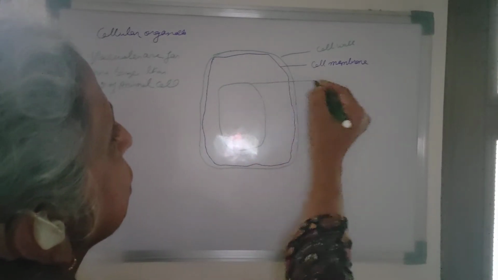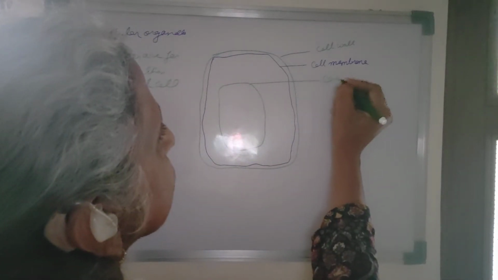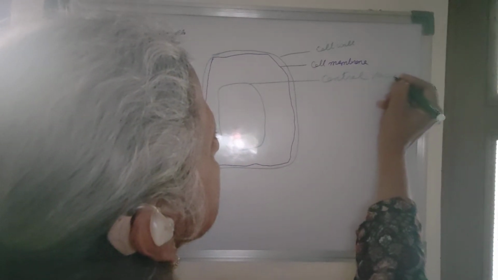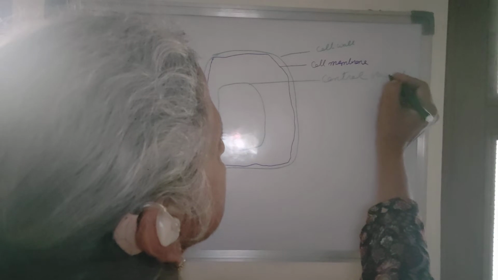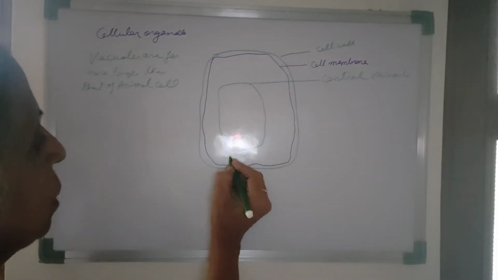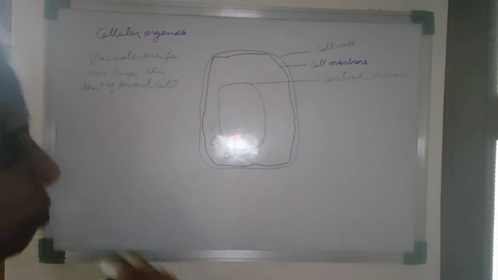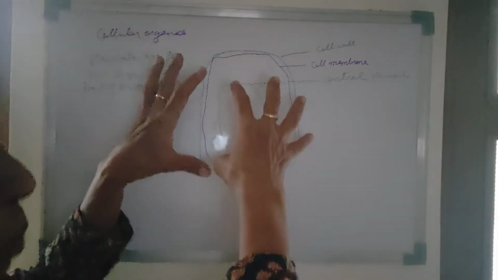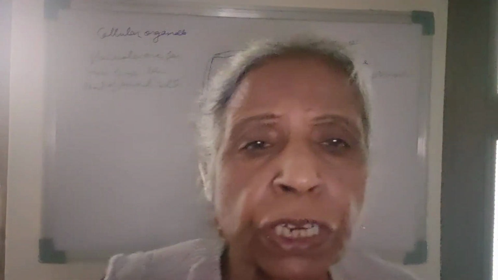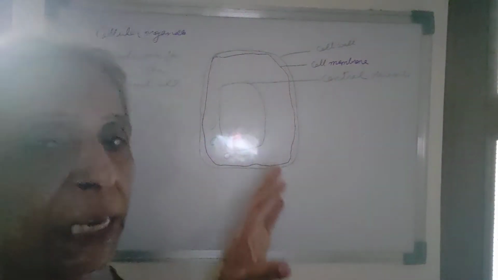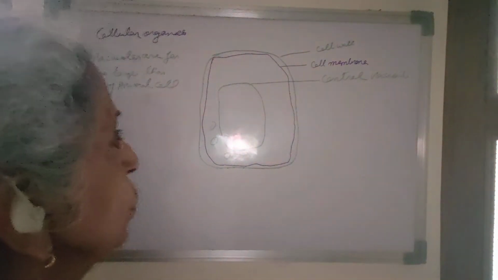This is the central vacuole. In addition to this, some other small vacuoles are also present. Central vacuole occupies almost 50 to 80% of the cell volume. Sometimes it occupies 90% of the cell volume.